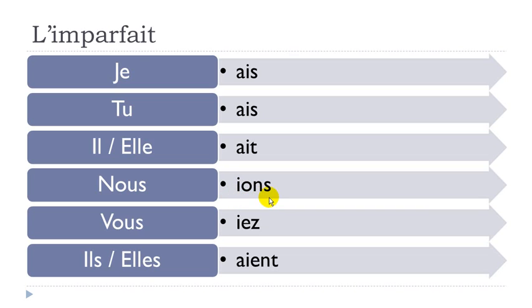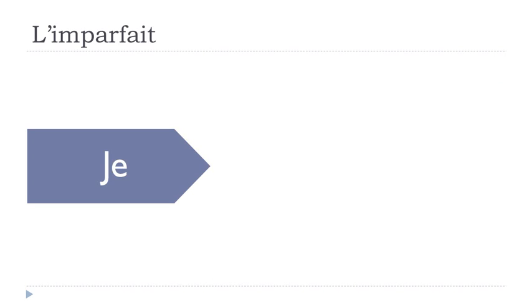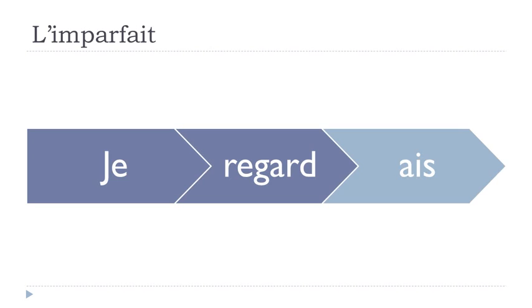And then ye here. So yon, ye, e. All right, so now je regarde, and then e. So that's the full form that you will have, and then you will pronounce it je regardais.